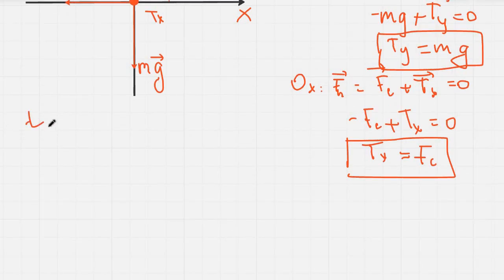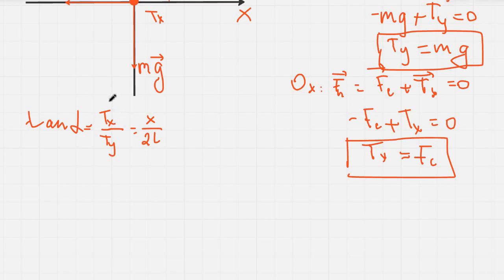So we know tangent alpha equals Tx over Ty, equals x over 2L.